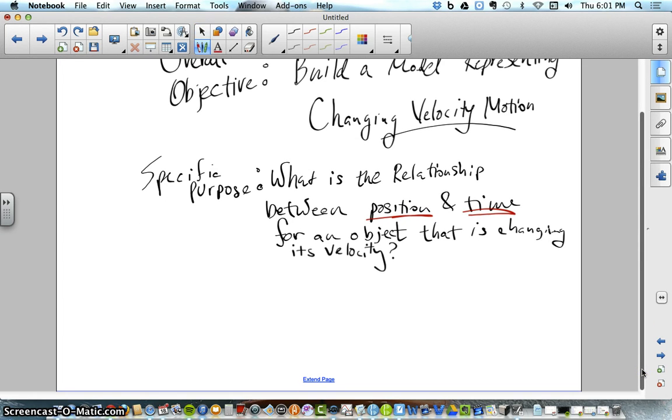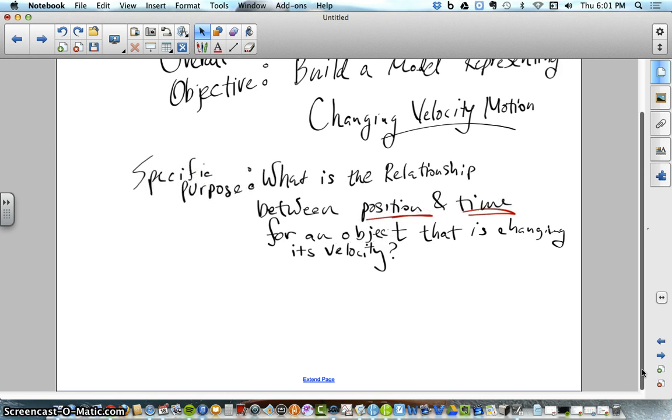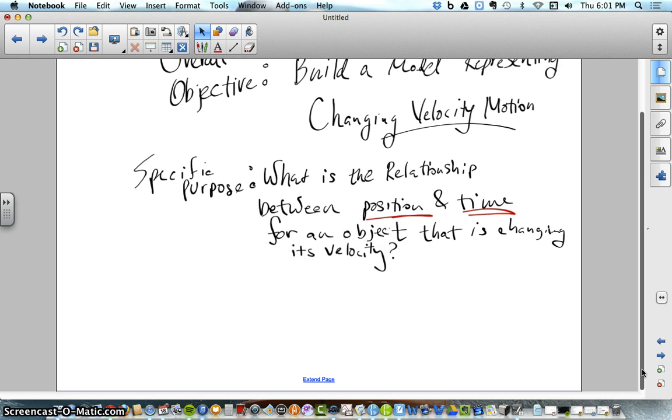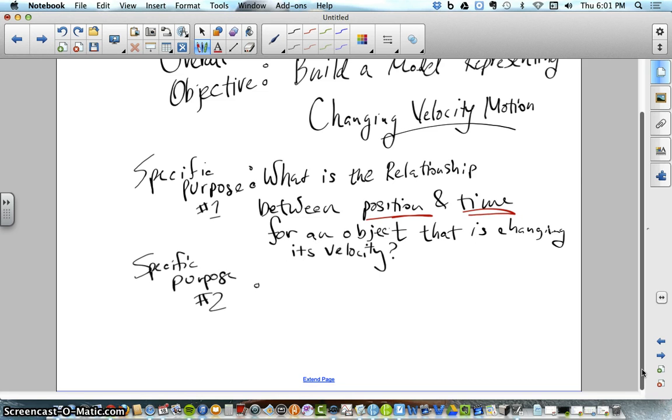Now, this is our first specific purpose. We also have another one. Okay? So this is specific purpose number 1. Then we have a specific purpose number 2. Okay?